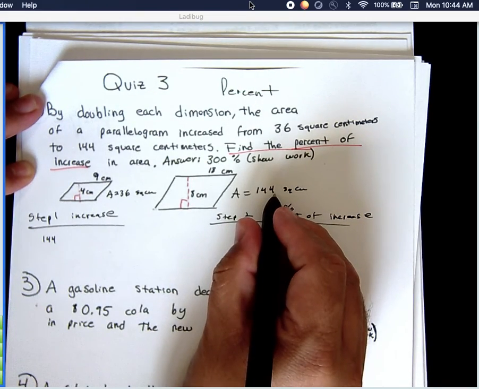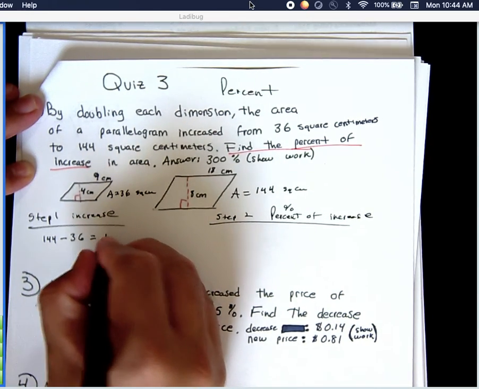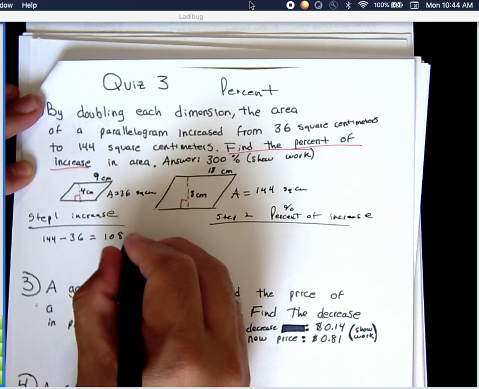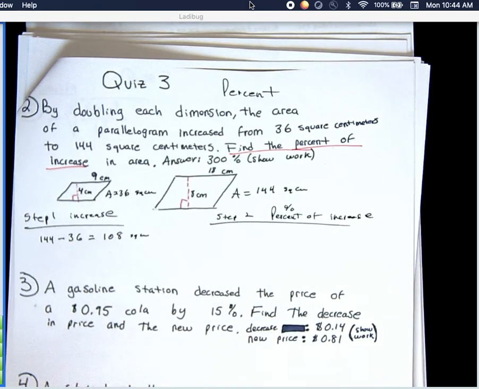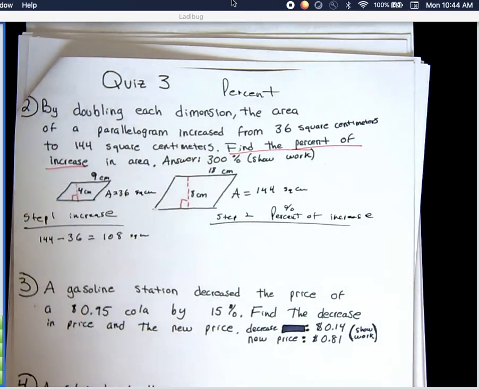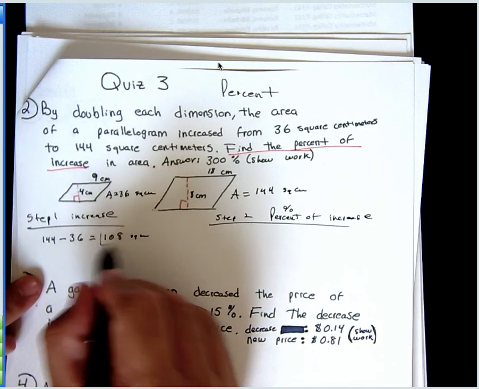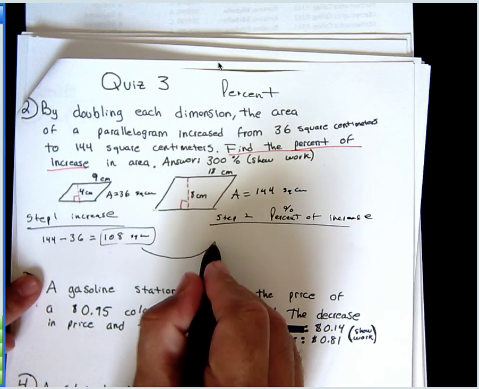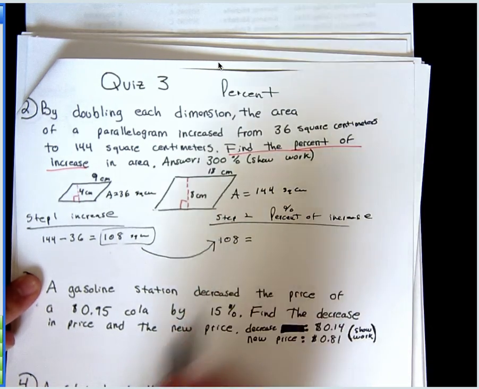the area of the bigger one minus the area of the small one. And that is gonna give us a difference of 108. Okay, so now we have the increase. This is the increase. Now we're gonna place that increase for step 2 on this side of the equation.